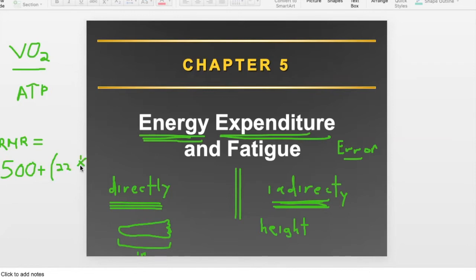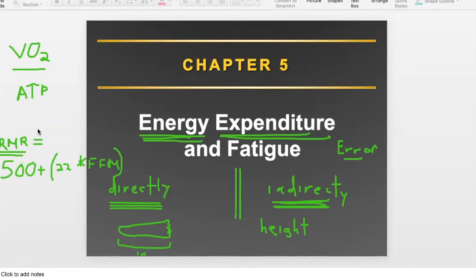And remember, the fat-free mass is the amount of muscle or the amount of tissue in your body that is not fat. So it's fat-free mass, and this is in kilograms. So this is a way to estimate resting metabolic rate.